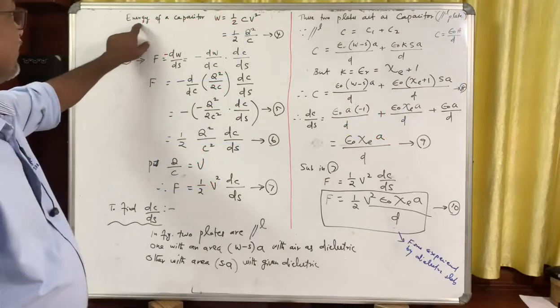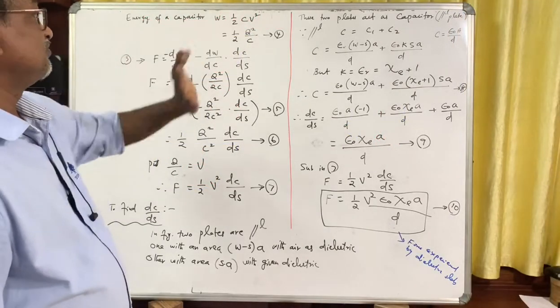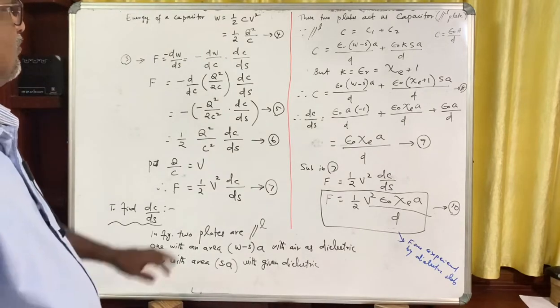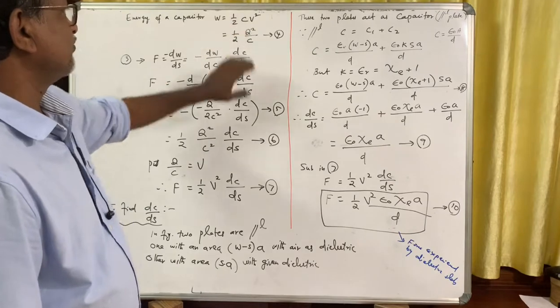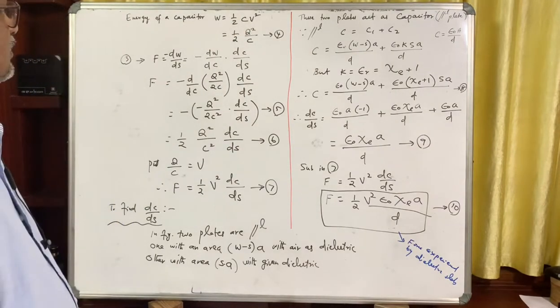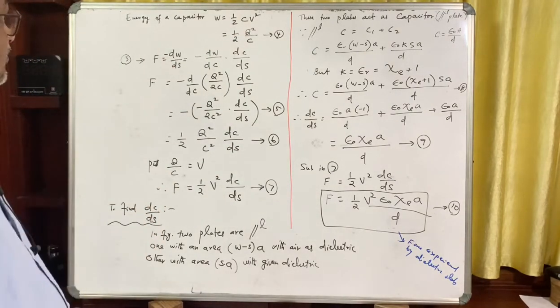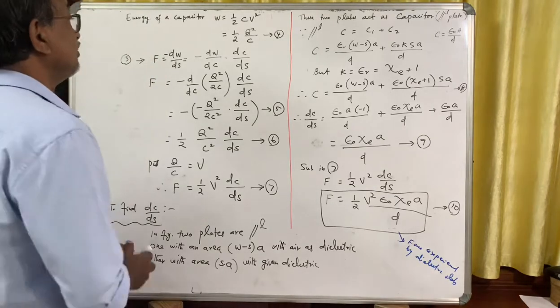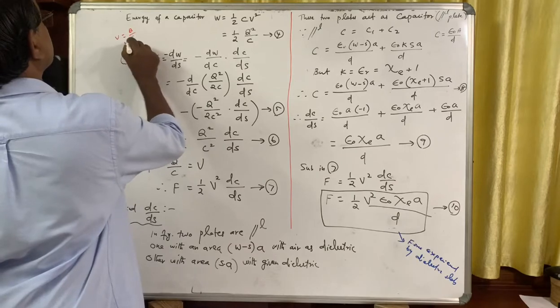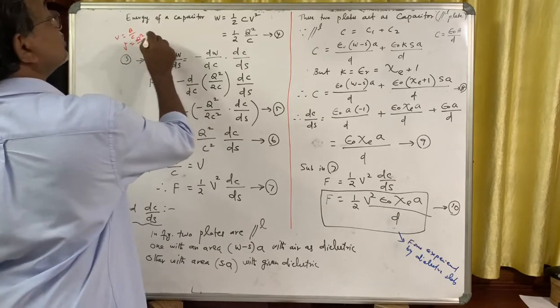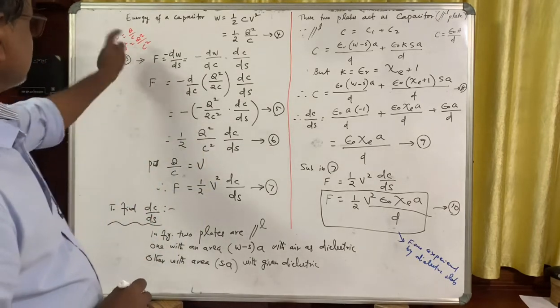The energy of a capacitor is W equal to half CV square, but this can also be written as half Q square by C, since V equal to Q by C. Substituting, V square equals Q square by C square, and C and C get cancelled.